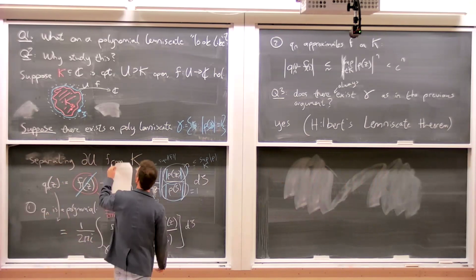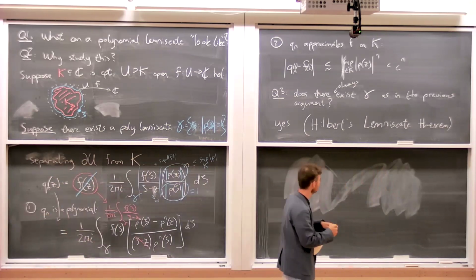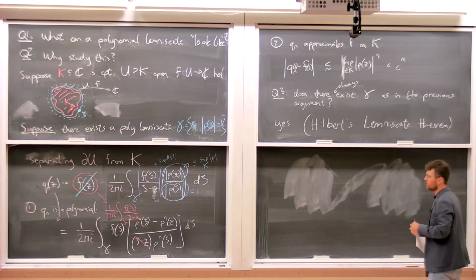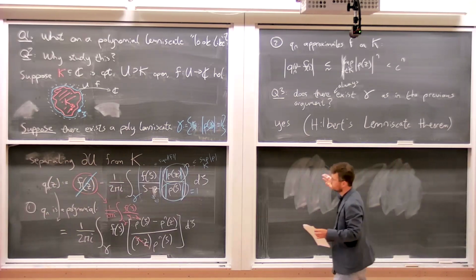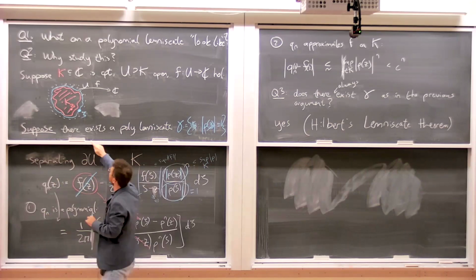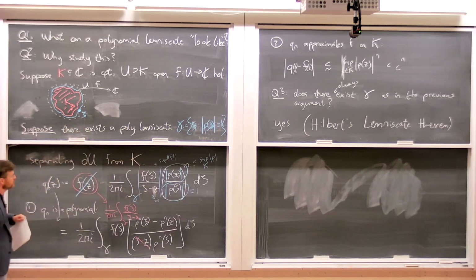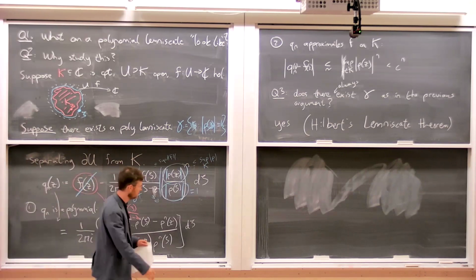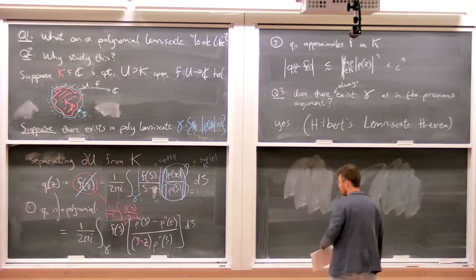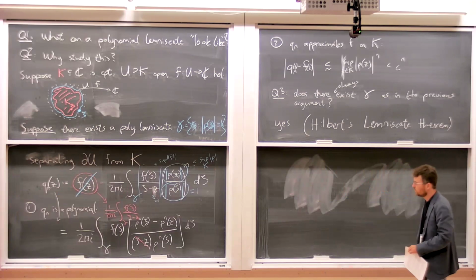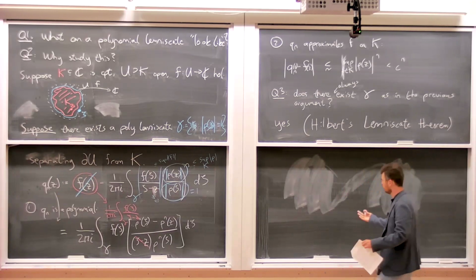Right, so roughly, before I state a little bit more concretely our question, what we're studying is this case. That the polynomial Lemniscate is a Jordan curve is not usually going to be what happens, right? You can get an intuitive understanding of polynomial Lemniscates as follows.